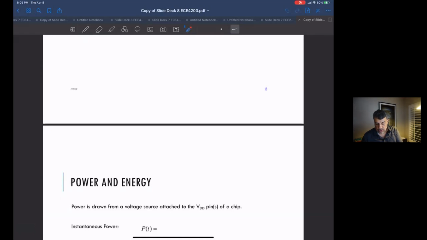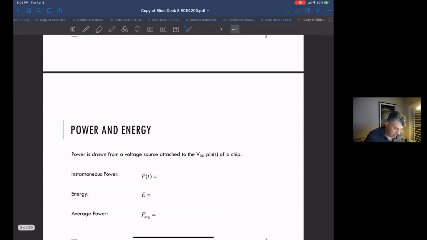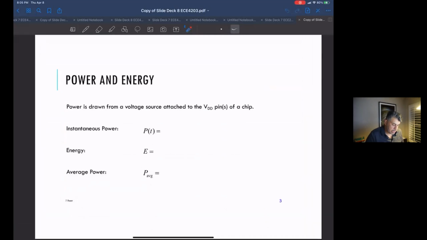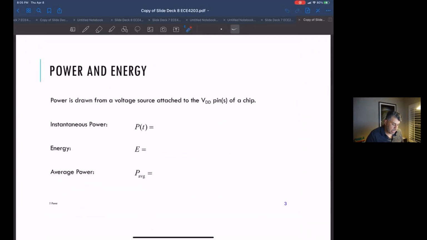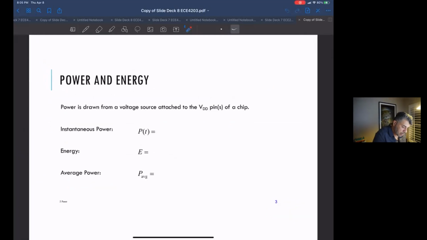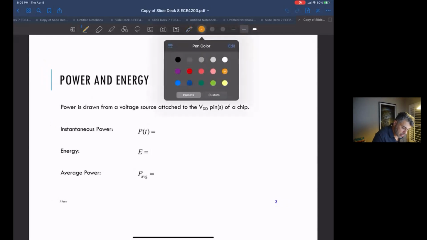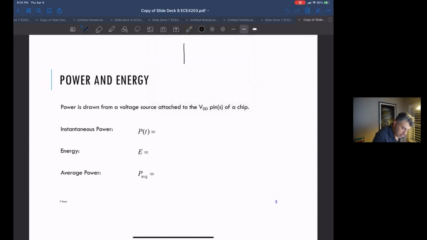So we want to talk about instantaneous power, energy, and average power. Let's say in a typical situation, I was going to put a scope probe on a power supply in your chip or FPGA or whatever.